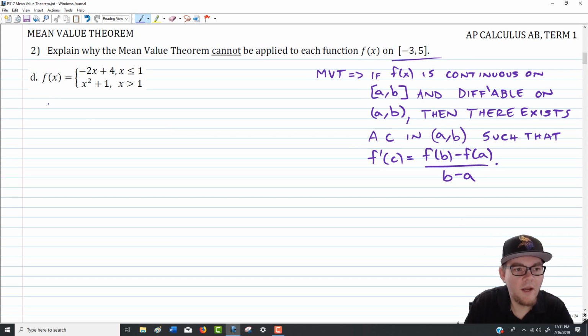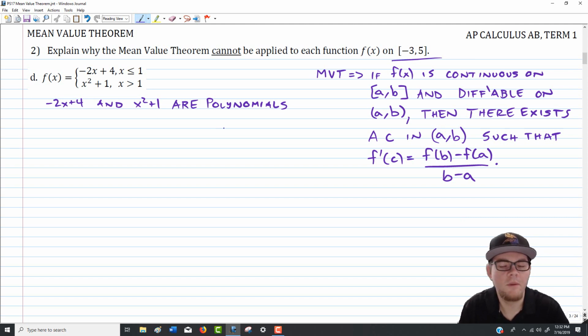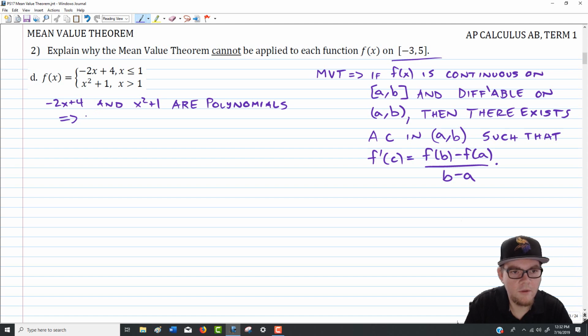A couple things to point out first: each branch, -2x + 4 and x² + 1, is a polynomial. The reason I bring that up is that being a polynomial means you're instantly eligible for the mean value theorem. In fact, as a polynomial you're instantly eligible for all 3 of the value theorems, because all polynomials are continuous and differentiable everywhere.